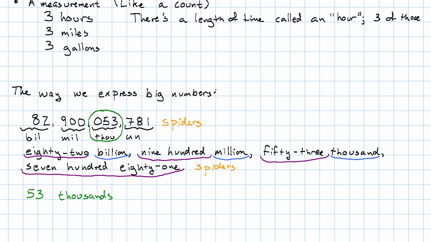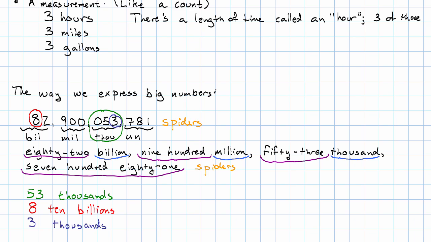We can also go down to a finer level of detail, and we can say that, for example, this 8 in the 10 billions place represents 8 10 billions, or that this 3 in the thousands place represents 3 thousands.